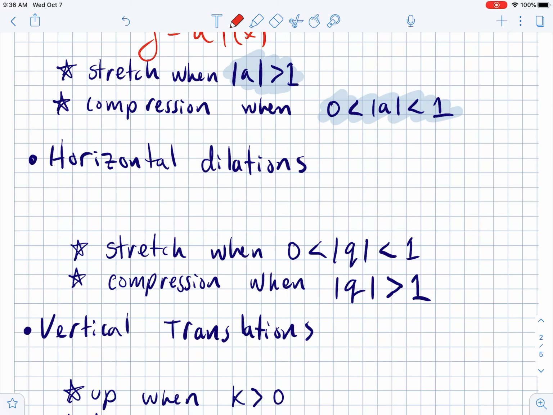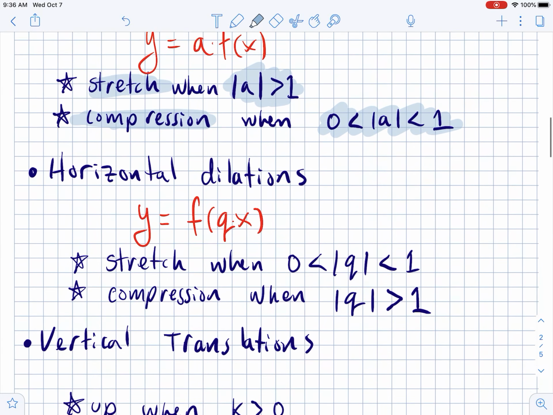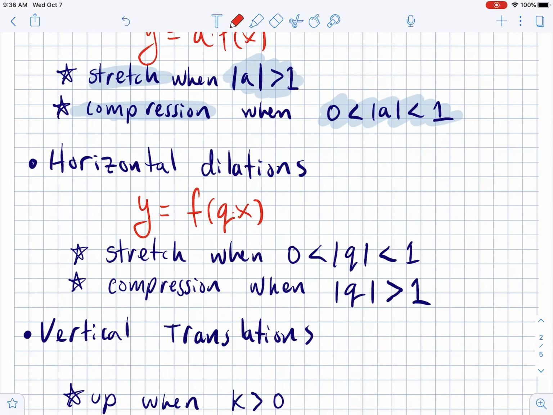Horizontal dilations are inside the function. So you're still going to multiply by some scale factor, but let's call it q. So something gets multiplied inside the function. Now, this is the exact backwards relationship of the vertical dilations. For vertical dilations, when a is bigger than 1, that's a stretch, and when it's a fraction between 0 and 1, that's a compression. Down here, it's the exact opposite.